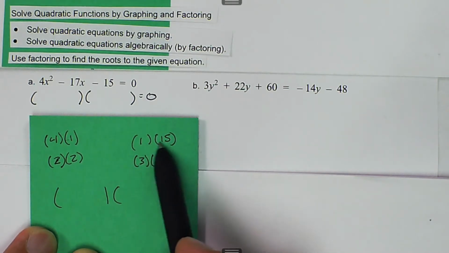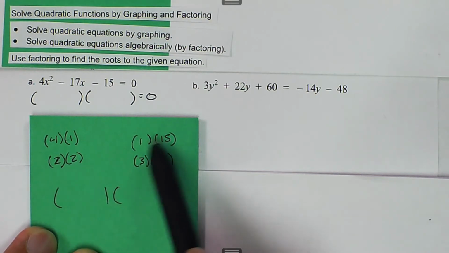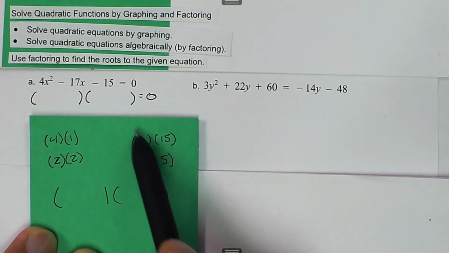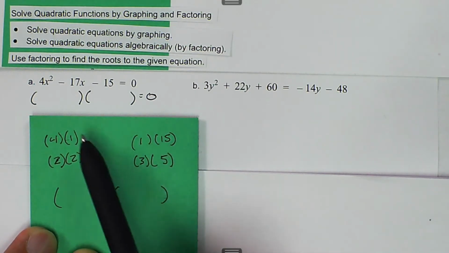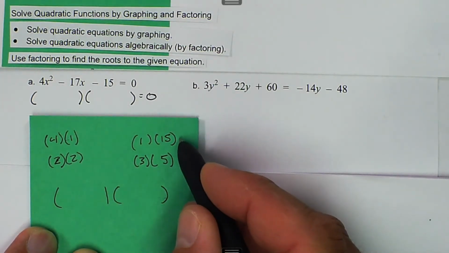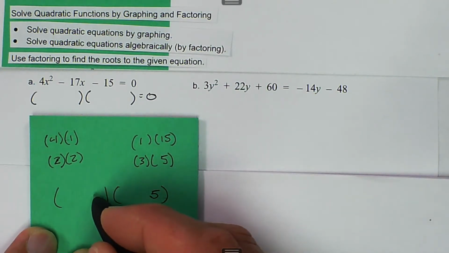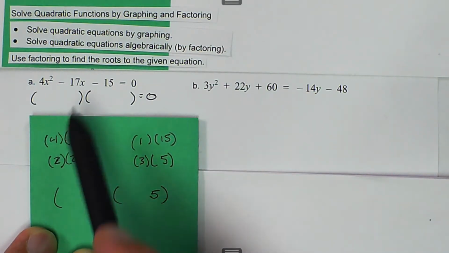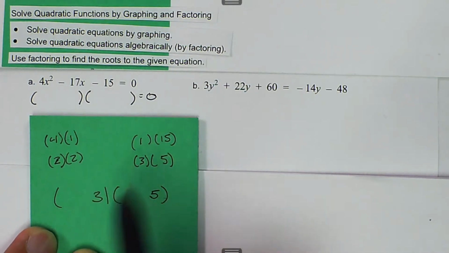Well, 1 times 15 will get me here, but then if I say 2 times 15, that'll get it to 30, or 4 times 15, that's not going to get us to 17. So I'm probably not going to use this. I'm going to skip 1 and 15, and I'm just going to go to 5 and 3. And I know that I have to get to 17.